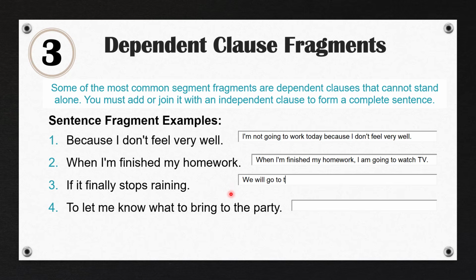We will go to the beach if it finally stops raining. And finally, number 4, to let me know what to bring to the party. Again, we need to add this to an independent clause. My sister called me to let me know what to bring to the party. So by adding complete sentences to these dependent clauses, we have now fixed all of these sentence fragments.